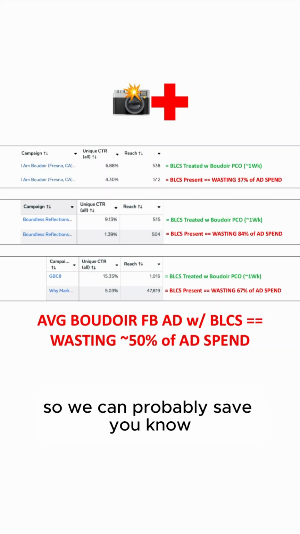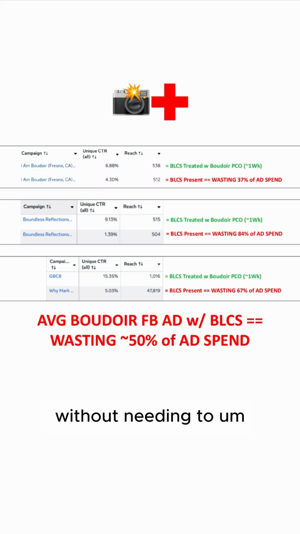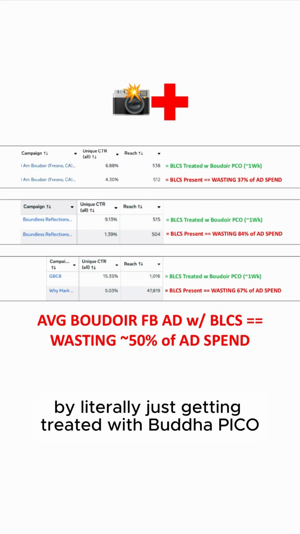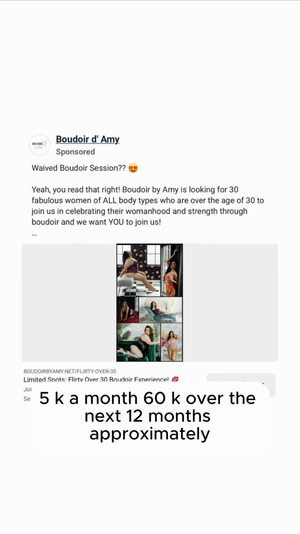So we can probably save 5K a month, or approximately 60K over the next year, by literally just putting it back in the Boudoir photographer's pocket.